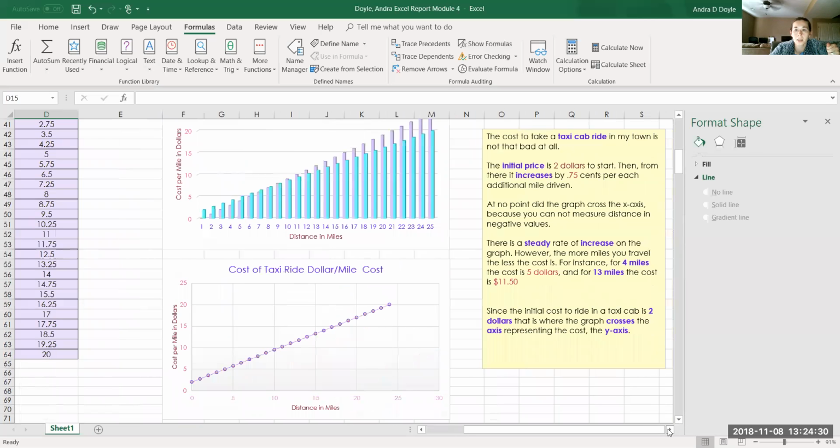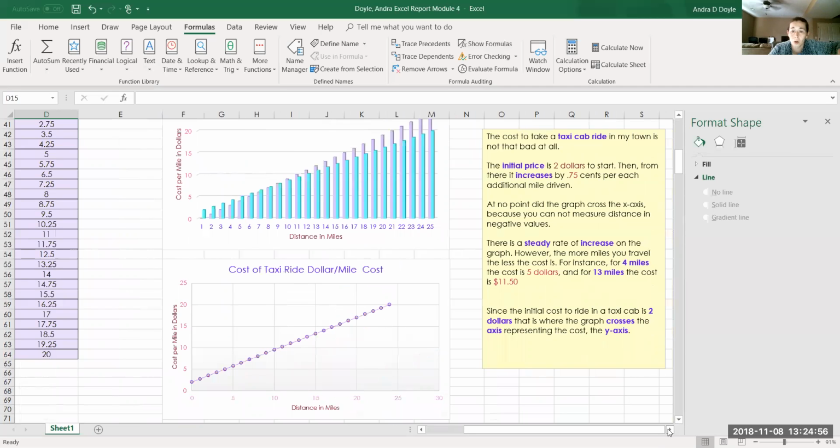The cost to take a taxi cab ride was not bad at all. The initial price was $2 to start, and then from there it increased by 75 cents per each additional mile driven. At no point did the graph cross the x-axis, because you cannot measure distance in negative values. There was a steady rate of increase on the graph.